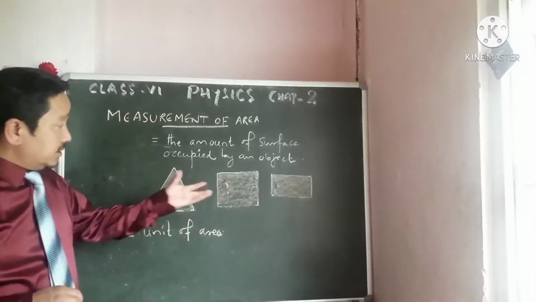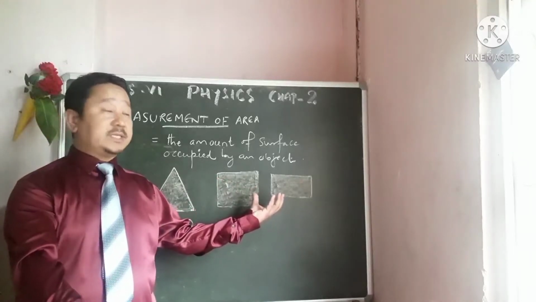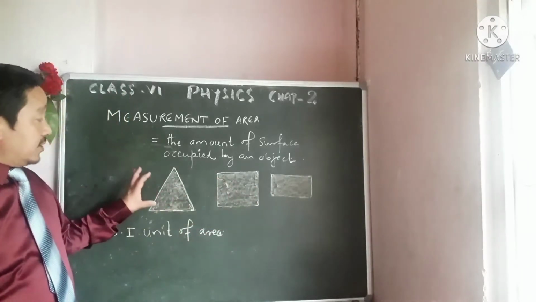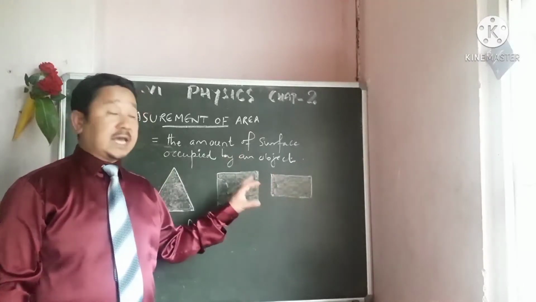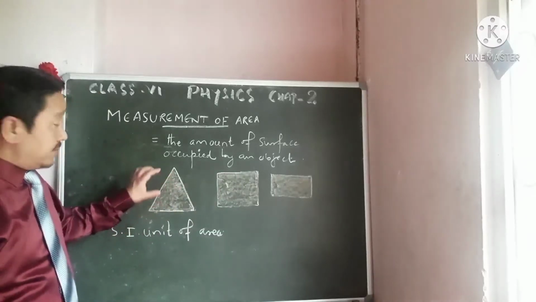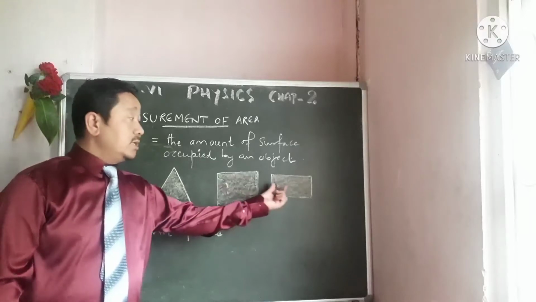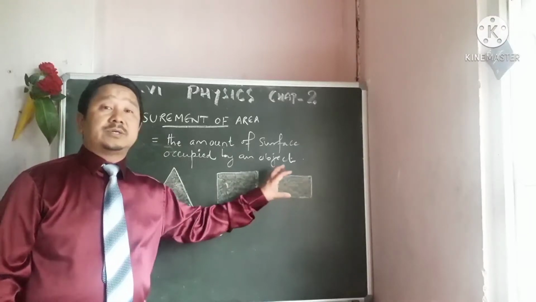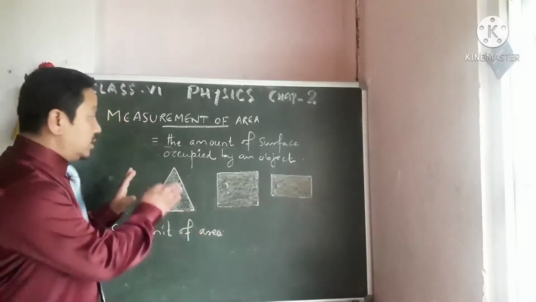See here, I have drawn different figures, as taken from your book itself. I have considered three different kinds of objects having these shapes. This object has a triangular shape, another object is a square, and another is a rectangle.